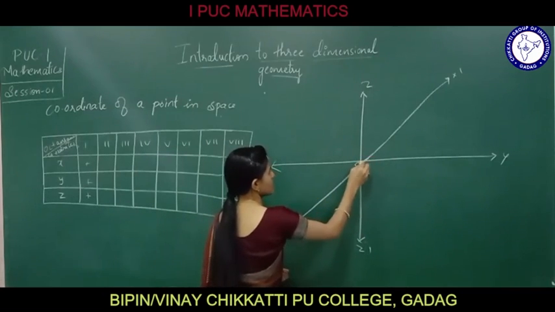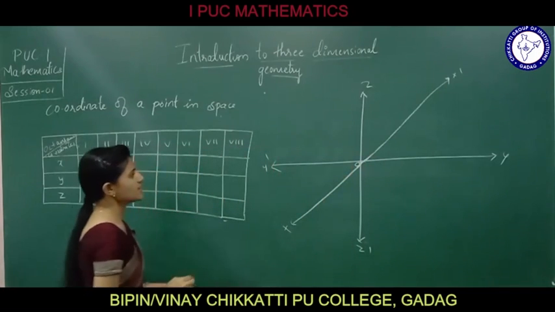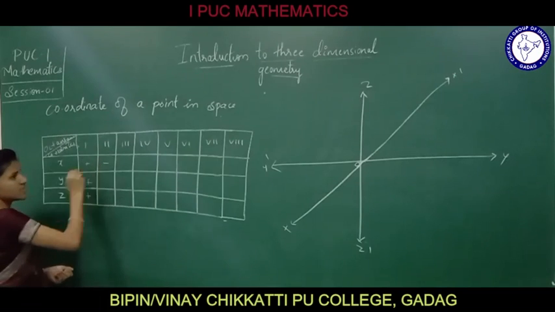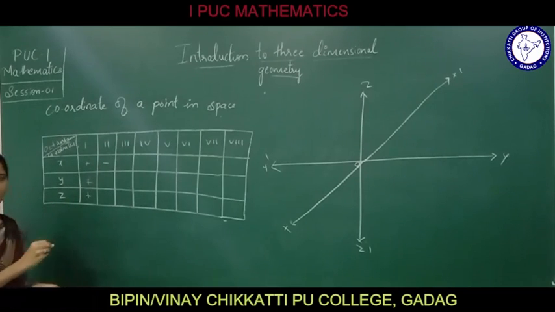This is origin. So in the second plane, x is going to be negative. First, we shall write all those 8 quadrants.